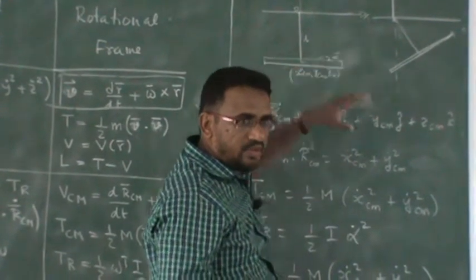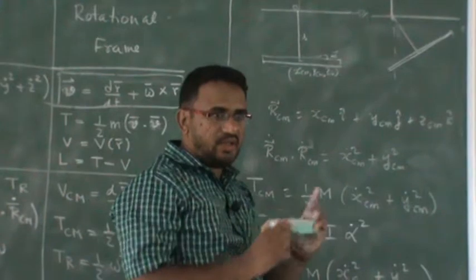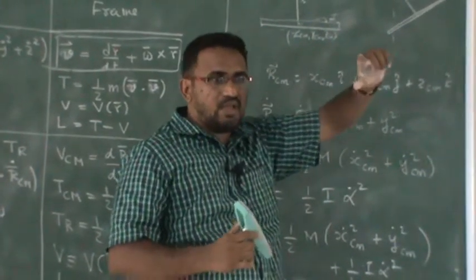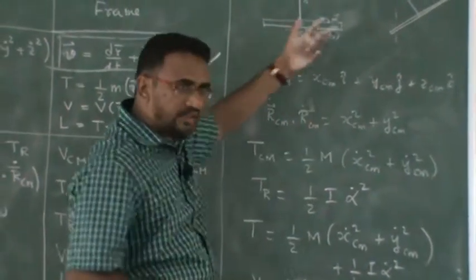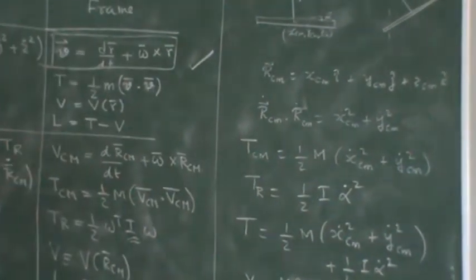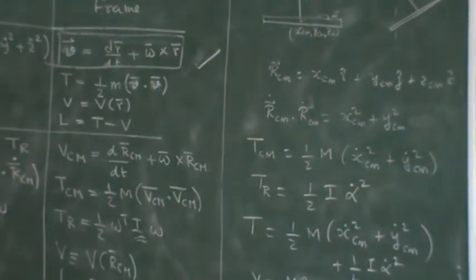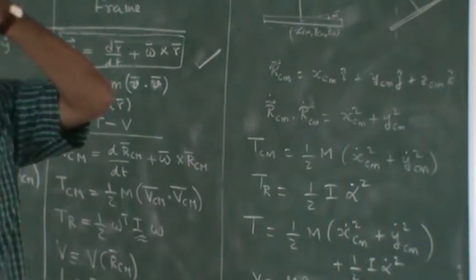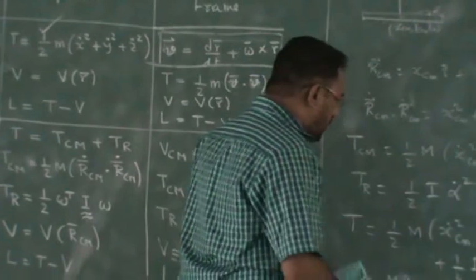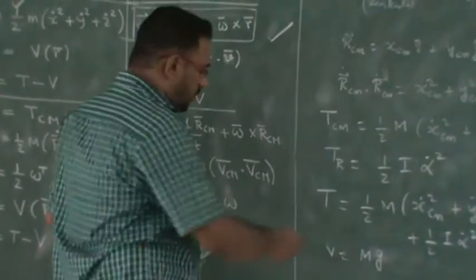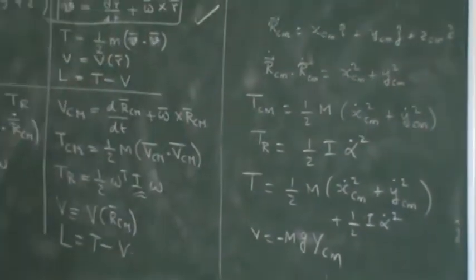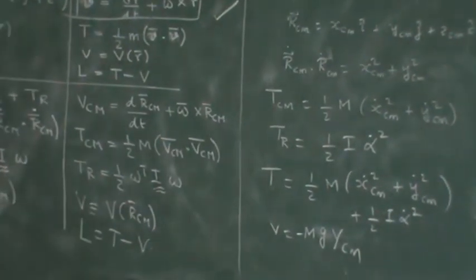Yeah, that is the alpha angle. And this oscillation I can write as theta, but I didn't transform to theta, I just put x, y. And the potential energy is not going to change. Potential energy is ycm, that's all. Nothing is going to change.